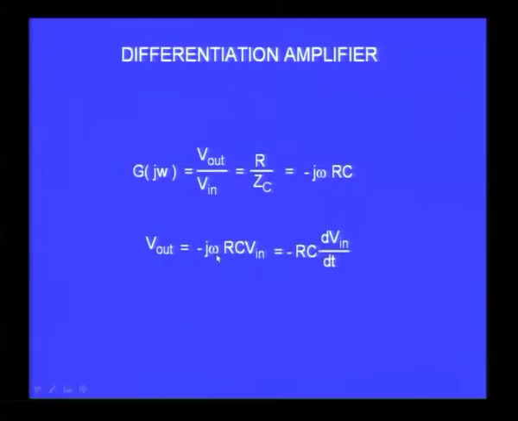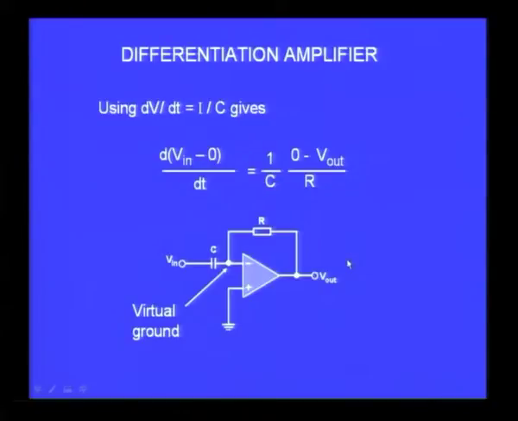So, the V output is minus j omega RC into V in from this equation, and that is equal to minus RC dV in by dt, because j omega V in is nothing but the differentiation of the input signal, dV in by dt. Right. So, the dV by dt is nothing but I by C, current divided by C. Here at the input side, the differential voltage is V in minus 0, this is 0 here, so C dV in by dt is equal to 0 minus V out by R at the output, and that is also the same as what we have already seen.